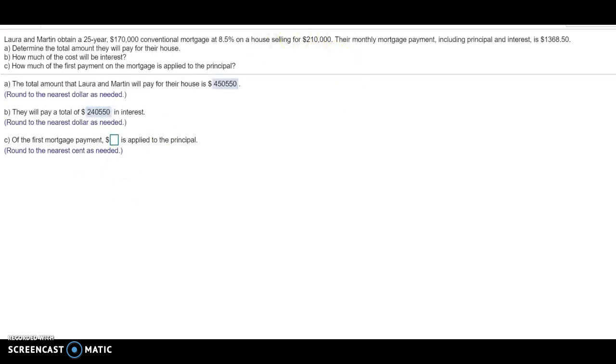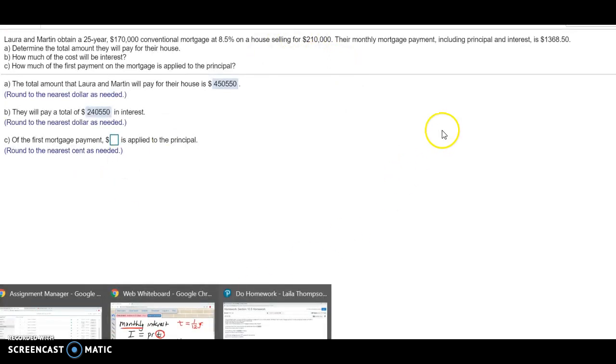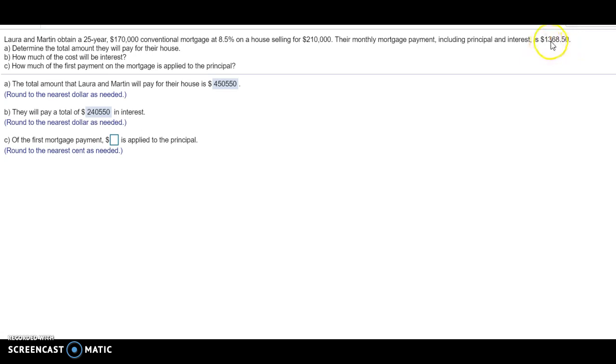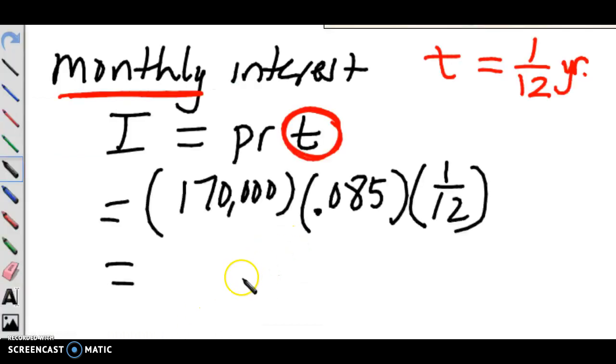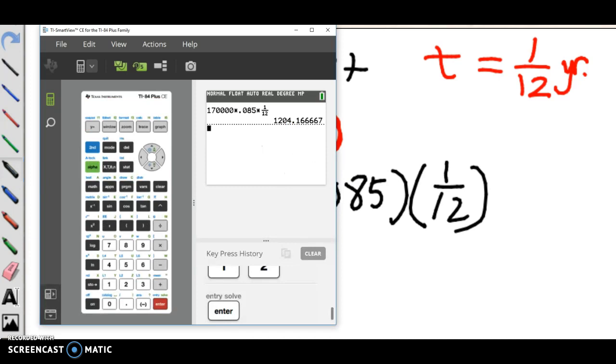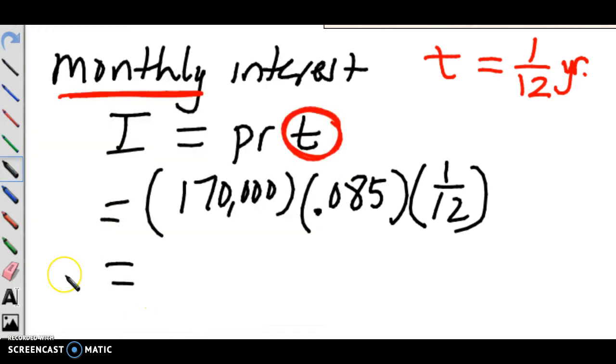Okay? So remember that the monthly payment that they make is $1,368.50. Let me write down what the answer was. This gave us a value of $1,204.17.